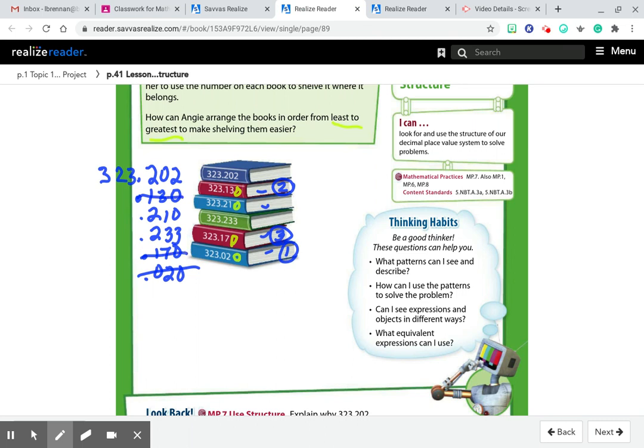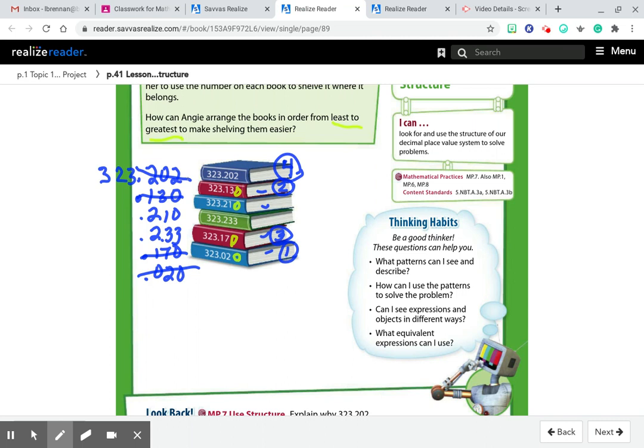Notice systematically I'm crossing things out to eliminate as I go, to help organize my thoughts better. Now I've got 0.202, 0.210, and 0.233. They all have 2s in the tenths place, so now I have to go to the hundredths place. I've got a 0, a 1, and a 3. I know this one is going to be the next smallest value.